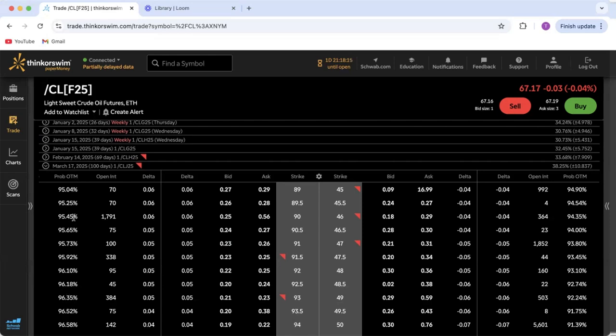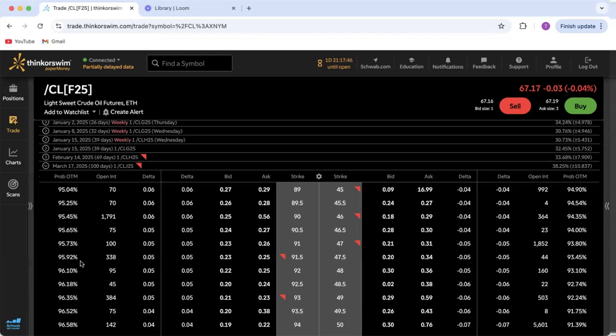Okay, we want that to be 93% or higher. That's what we're looking for. We don't want to take a trade that has less than a 93% chance that it'll expire out of the money. So we want to be very, very safe, very, very far out of the money, very conservative. All right, and this one is a 95.92. It's even better yet.